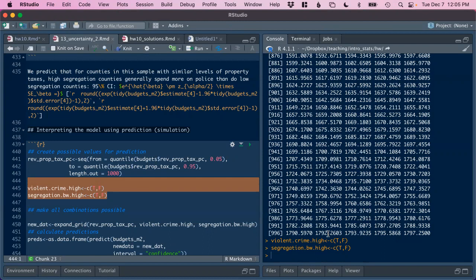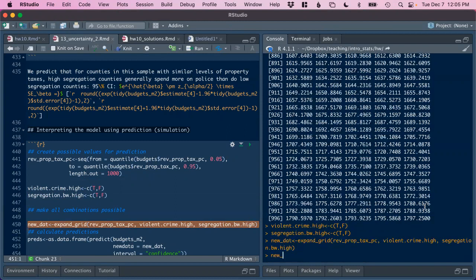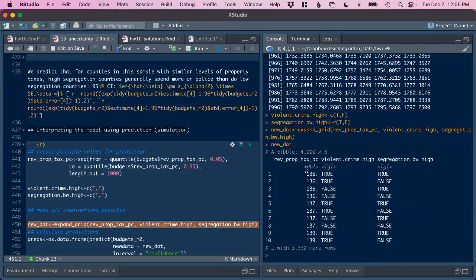Now I want to make all combinations possible of all of those values. Expand grid is a cool function that, if I give it vectors, will combine those vectors to make all possible combinations. So in this case, I'm going to create something called new dat using the expand grid function.